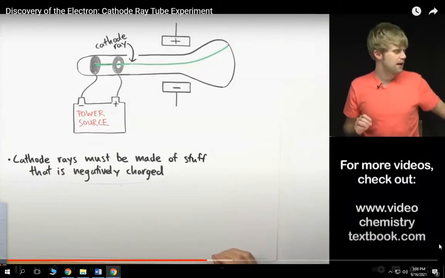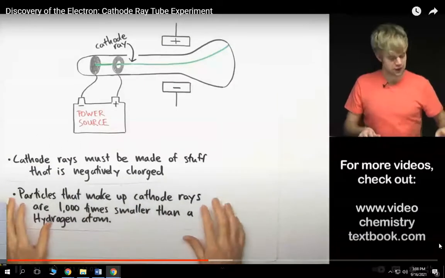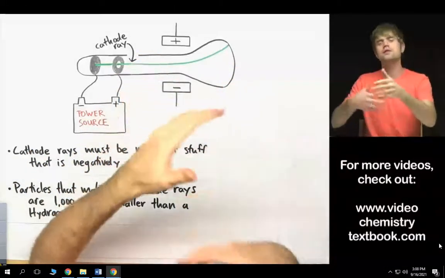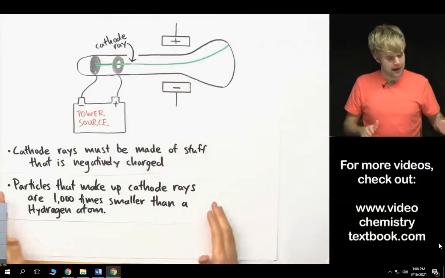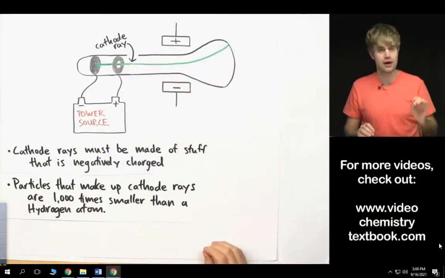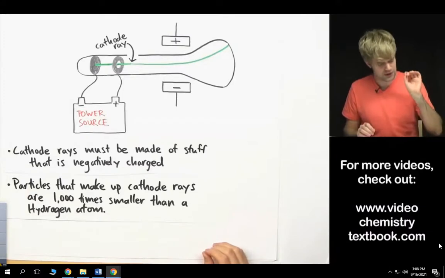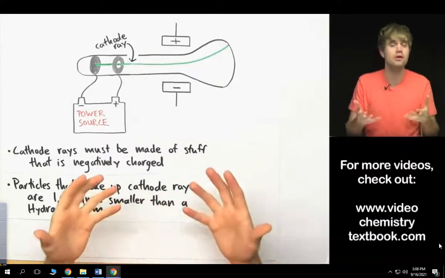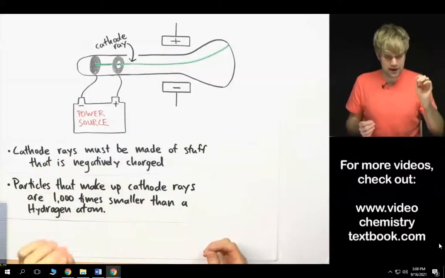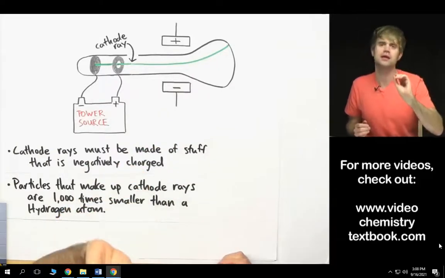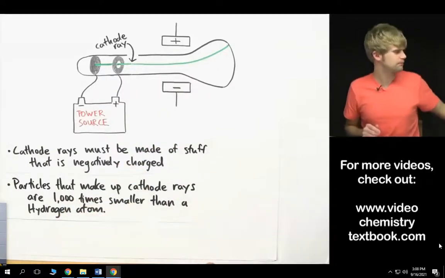He combines that information with some other data that he collected, and he's able to conclude that the particles that make up cathode rays are 1,000 times smaller than a hydrogen atom. Hydrogen atoms are the smallest atoms. So this thing that's in the cathode rays must be really, really tiny compared to an atom.